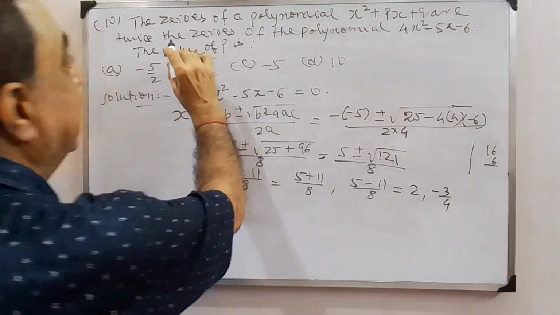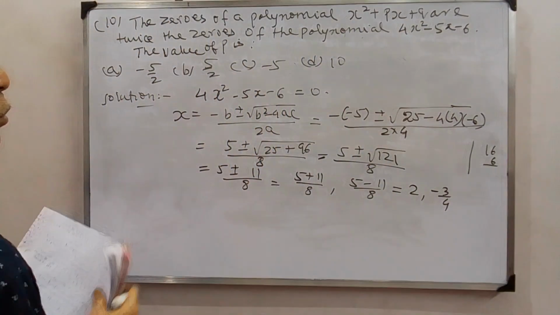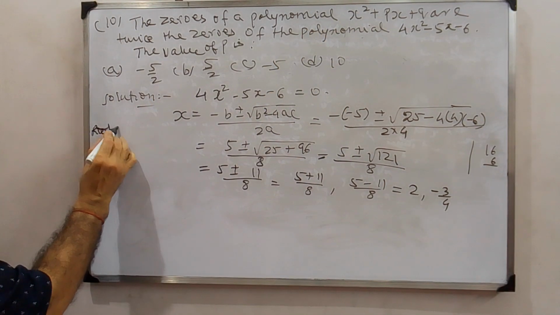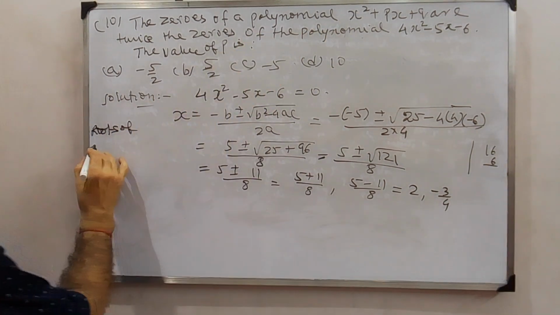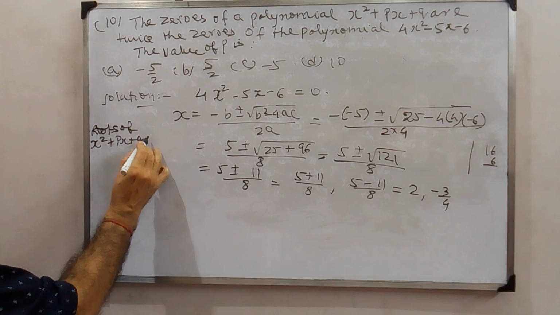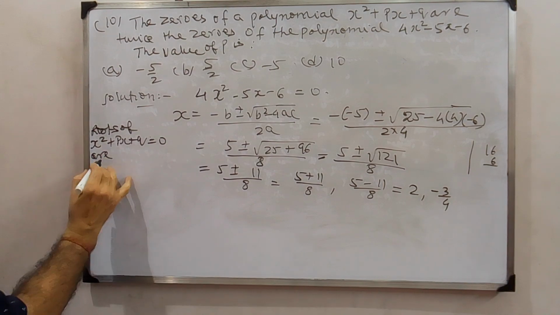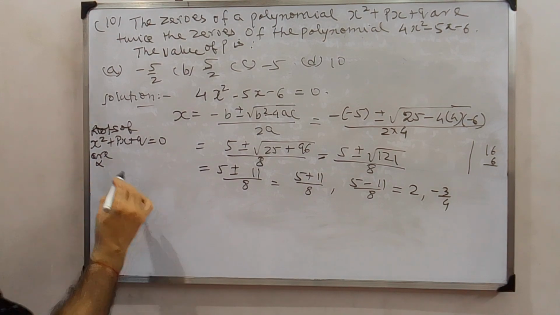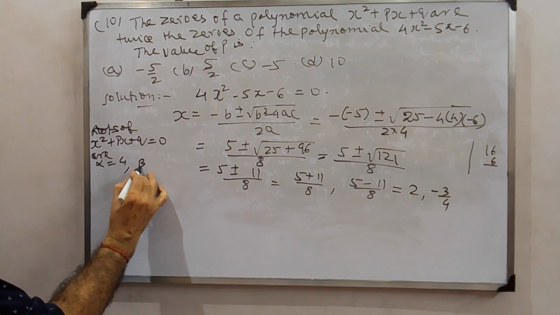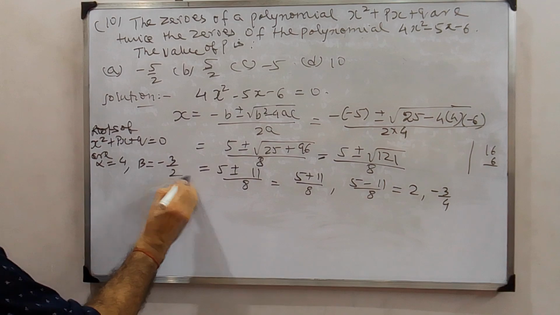Here it says the zeros of the new polynomial x squared plus px plus q equals 0 are double these. So the first root alpha is double of 2, that is 4, and the second root beta is double of minus 3 by 4, that is minus 3 by 2.